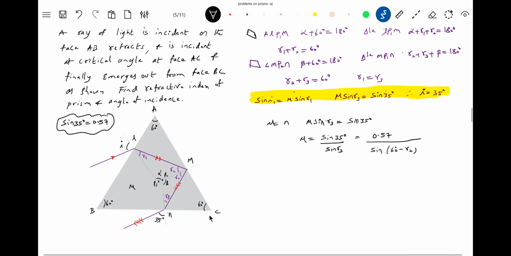I'll write it; this will expand, with cos R2.